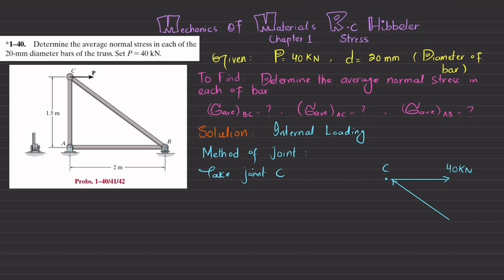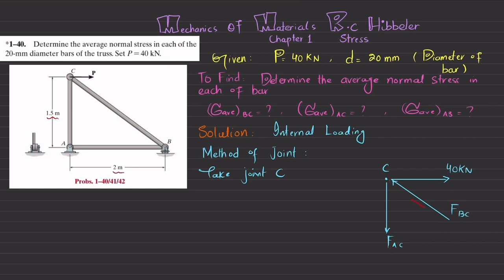Clear? I will represent it as FBC, and at point C we have a load due to member AC that will be downward. It is represented as FAC. Now from this figure you can see this length is 1.5 and this is 2.